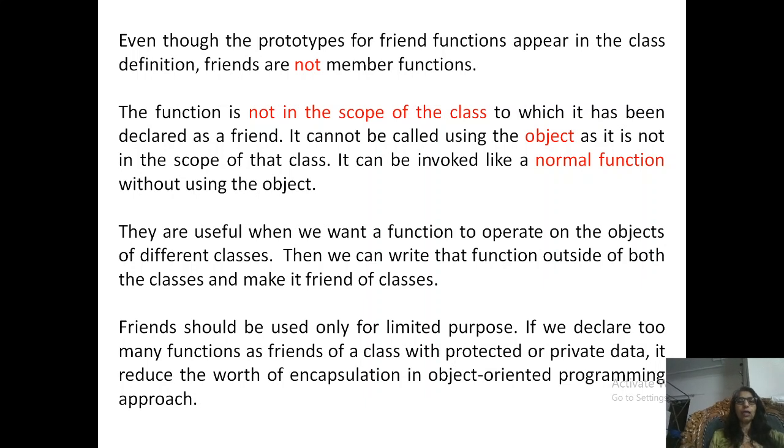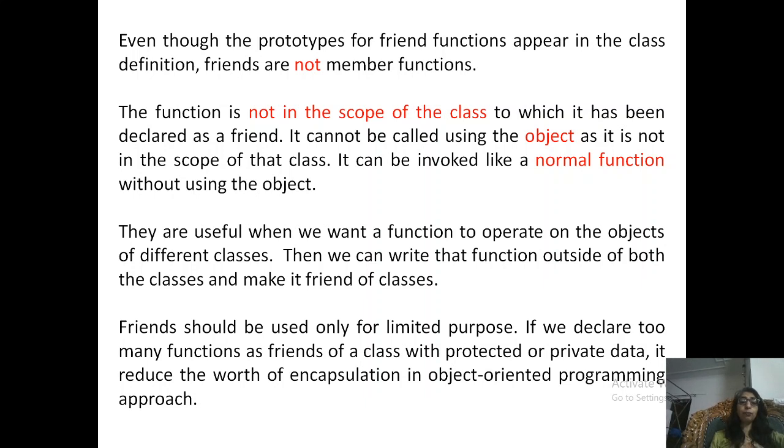In that case, we can declare that function as the friend of both the classes. A function can be a friend of more than one class. So we can write that function outside of both the classes and make it friend of both.